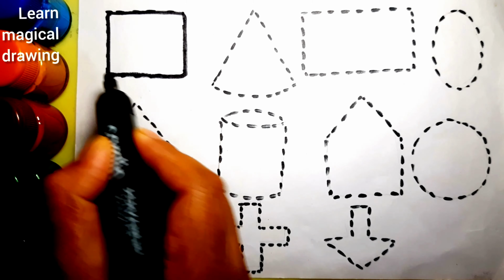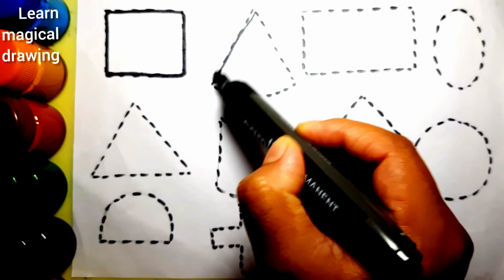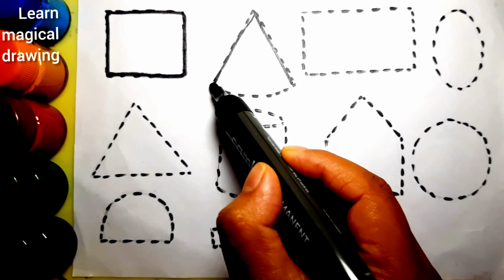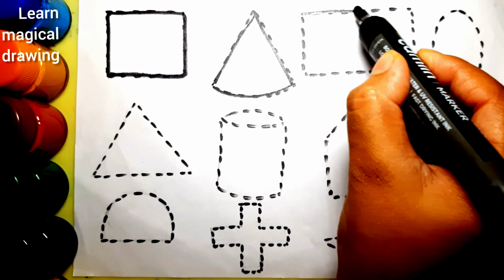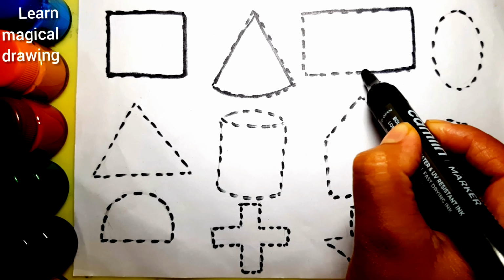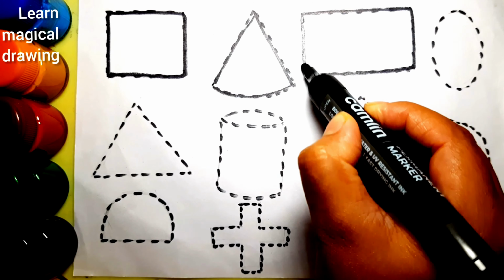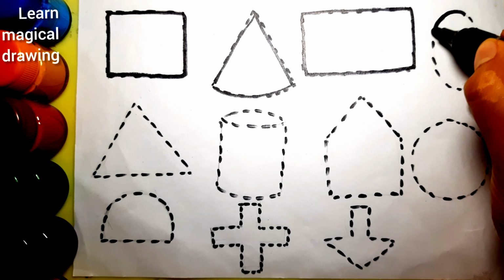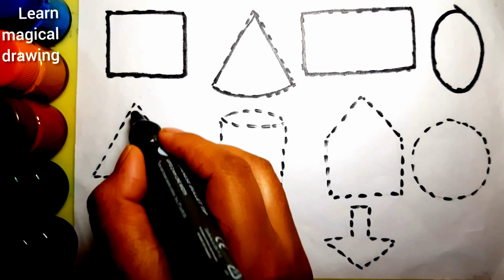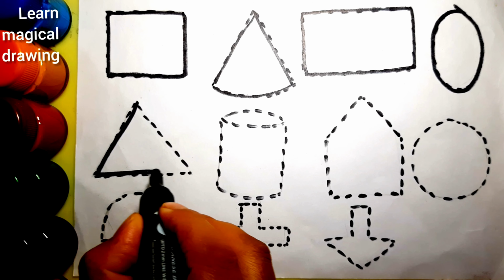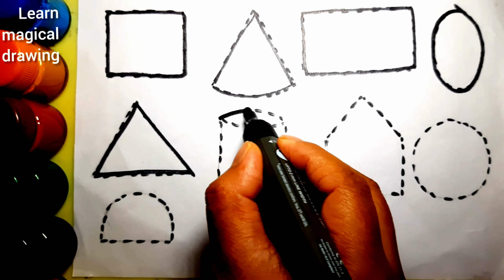Square. Cone. Rectangle. Oval. Triangle.